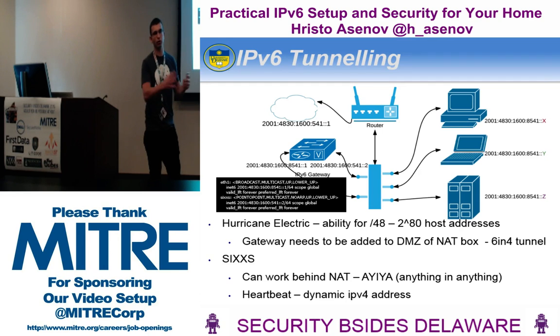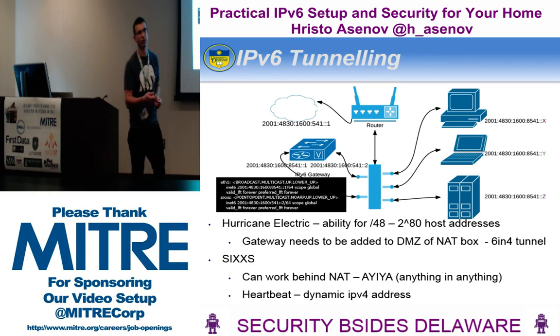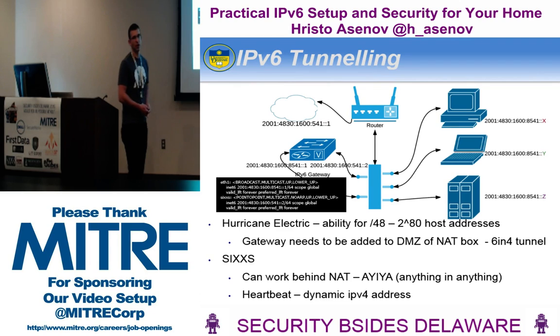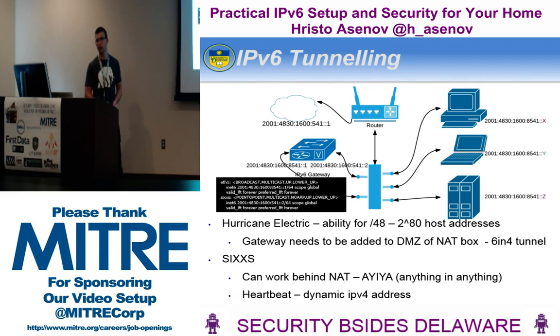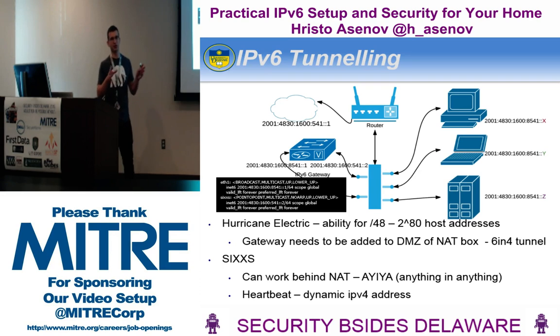So these two addresses are actually given to you by your tunneling vendor. So the two that we know about that we use are Hurricane Electric, and they can give you a /48 prefix too if you request it. So that's if you want to set up v6 networks inside other v6 networks. So you have an even bigger address space.